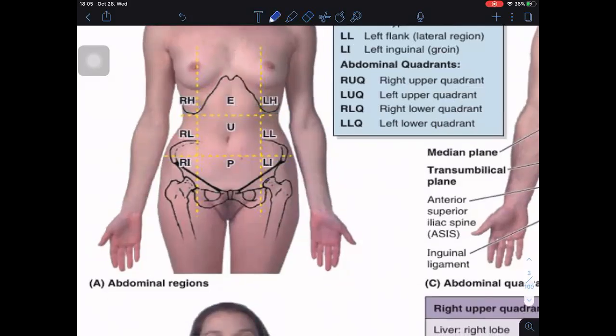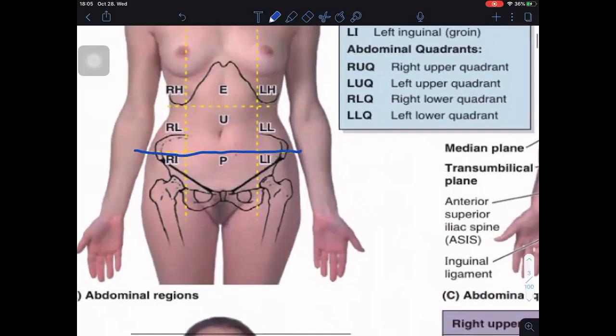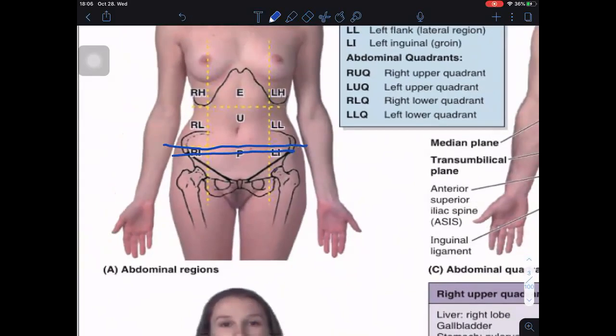From the other side, we said that we can use the transtubercular plane. Another way, you can find the anterior superior iliac spines, and you can make an imaginary line crossing the anterior superior iliac spines, and you can call it the interspinous plane. So instead of the transtubercular, you can use the interspinous plane.